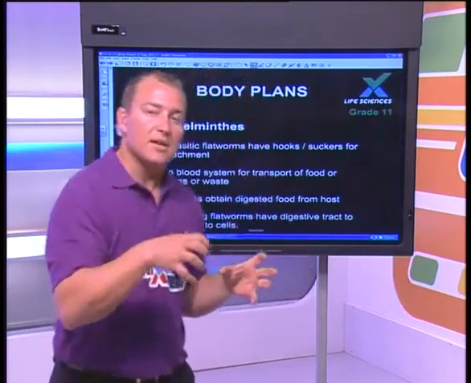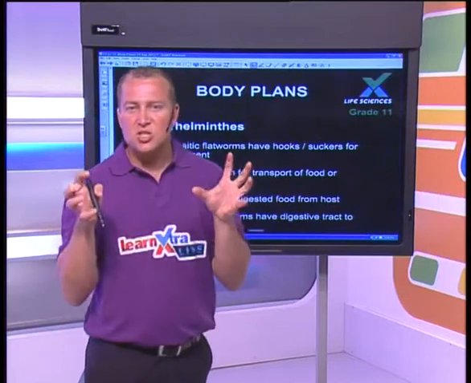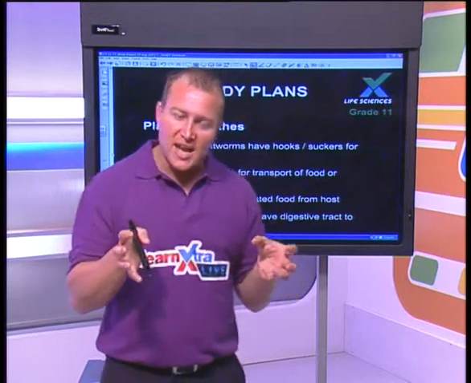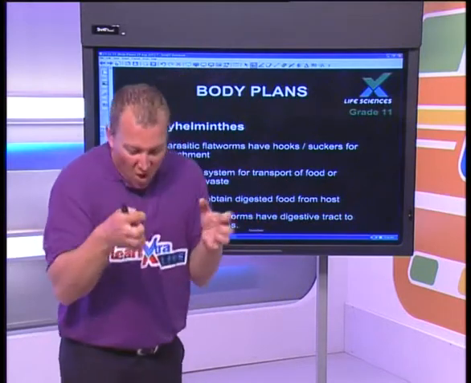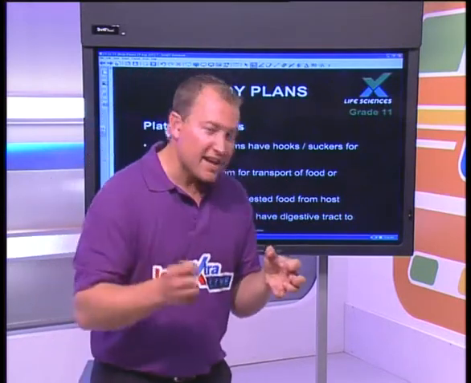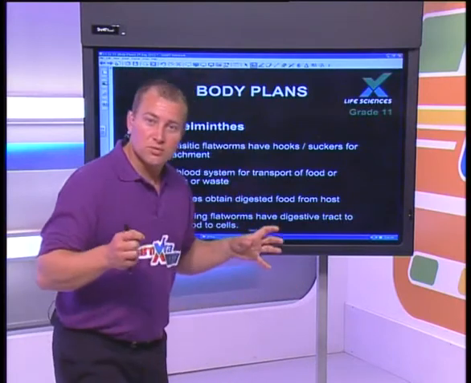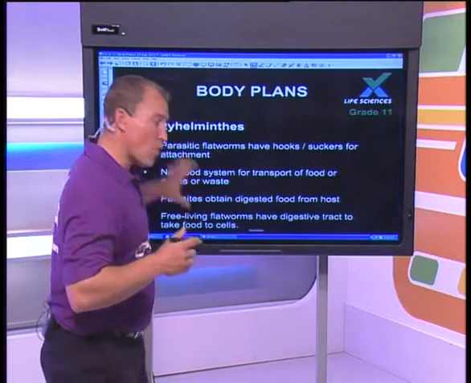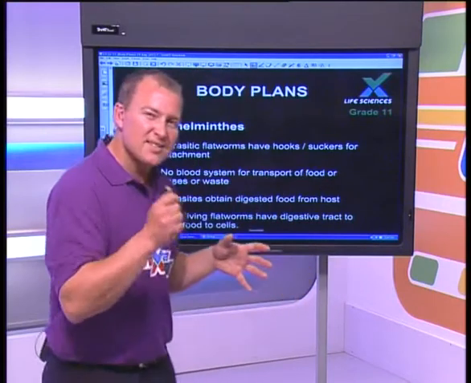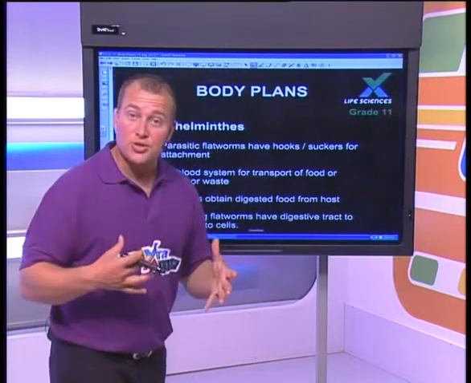The parasitic flatworm actually has spikes, claws, and suckers on the edge of its mouth, because it has to grab on and hold on for dear life and suck everything dry. Now, that is harsh. This type of worm also lives inside its host. It's an internal parasite, living inside the host.